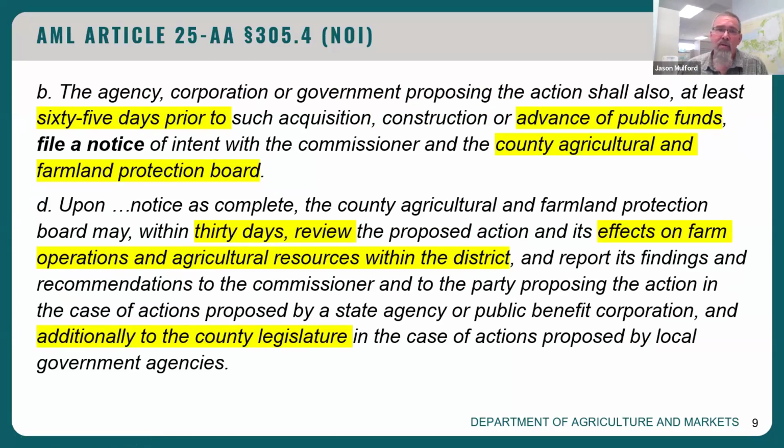And then once the department determines that the review is complete, then we open up the floodgates for ag and farmland protection boards, as well as others as statutory parties to offer comments. And then we proceed to a commissioner determination to identify if it's an adverse impact to the agricultural district.